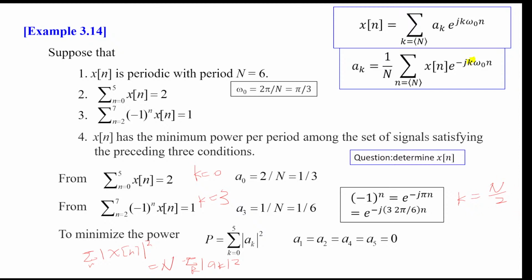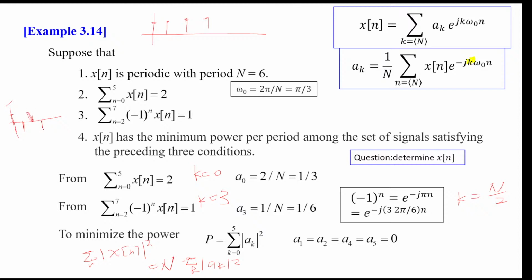Remember when we talked about discrete signals, the lowest frequency signal you have is obviously a constant signal. And the highest frequency you have is minus 1, 1, minus 1, 1, or 1, minus 1, 1, minus 1.